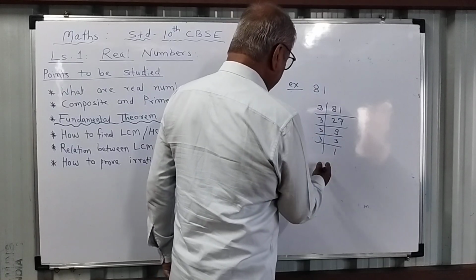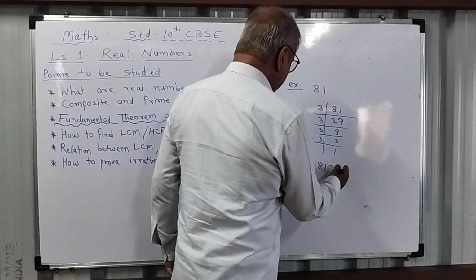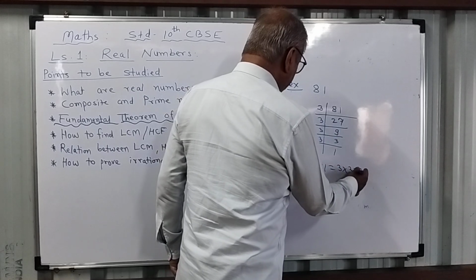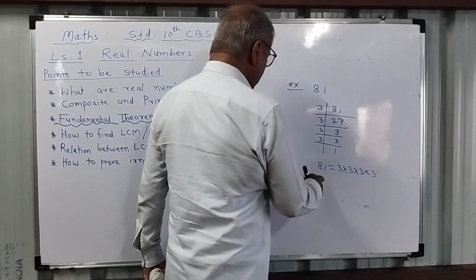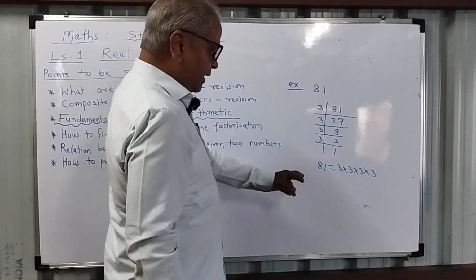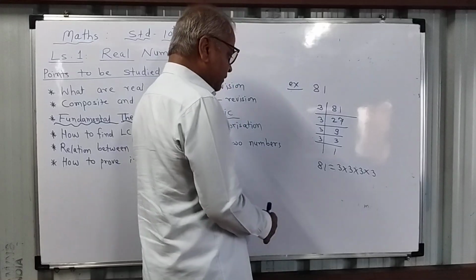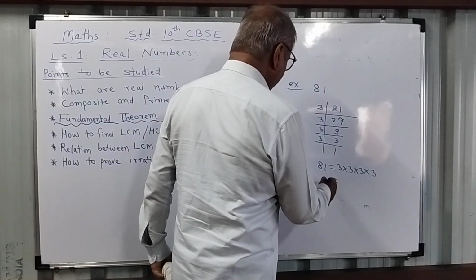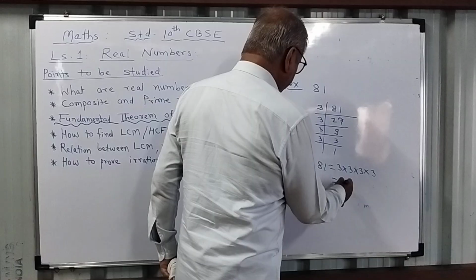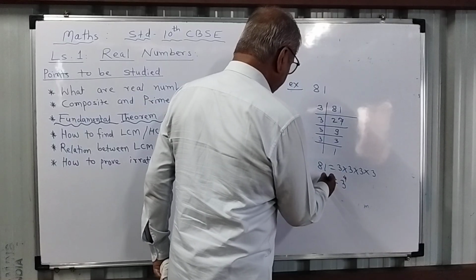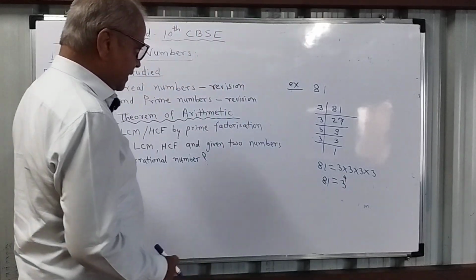So 81 can be expressed as 3 into 3 into 3 into 3. So 81 is a composite number, expressed in terms of its prime factors. If we write in terms of power, it is 3 raised to 4. So 81 can be written as 3 raised to 4.